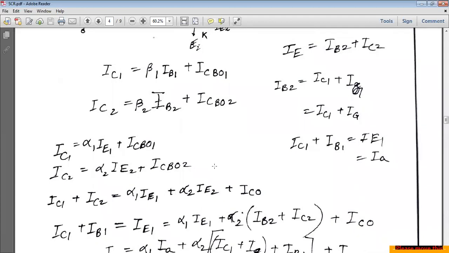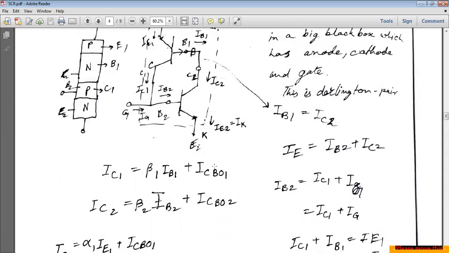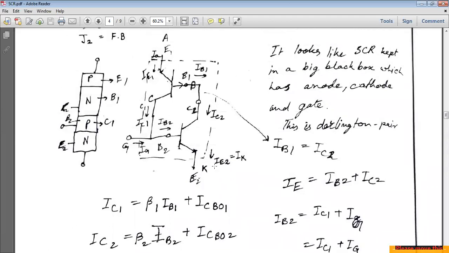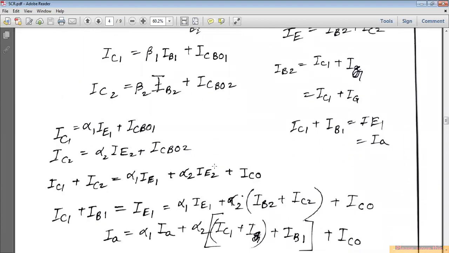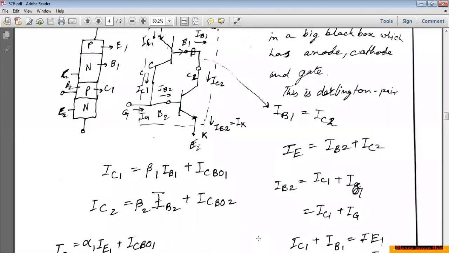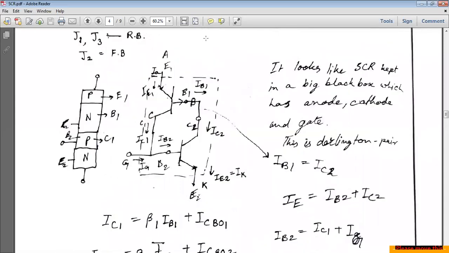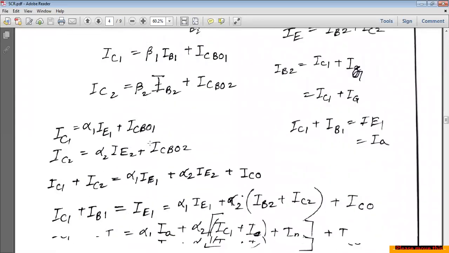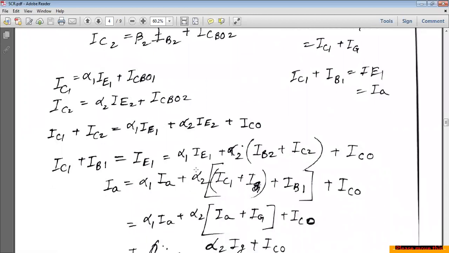Now, if I add those two currents, collector current IC1 plus IC2, then we will get the above value: alpha 1 IE1 plus alpha 2 IE2 plus ICBO. And IC1 plus IB1 equals IE1, and as we have stated, that is the anode current of the thyristor, so it can be written as IA.